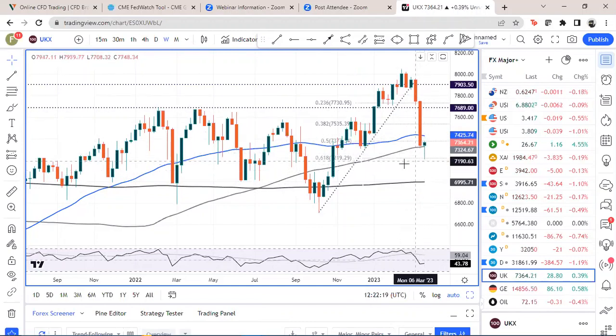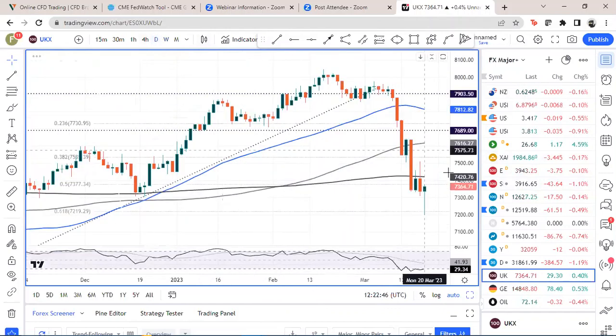On the weekly chart here, we have a near-term fib level drawn from those September lows, bounced off that 7,219, and then we're back up potentially to the halfway point of this rally. You can see there at 7,377, so that might offer a little bit of resistance. And then we've got the 50-week moving average, light blue line there at 7,425. That's on the FTSE 100.